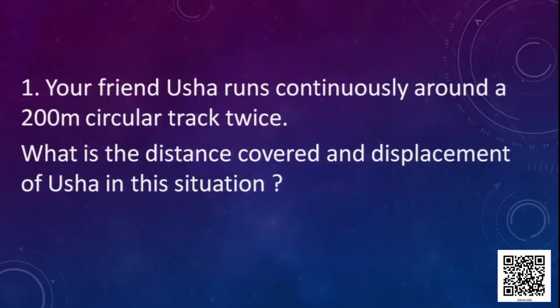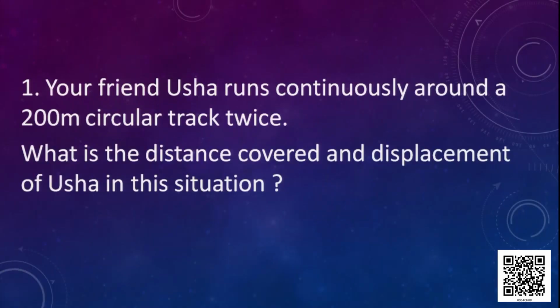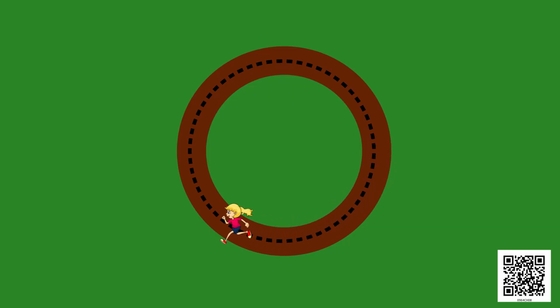See the first question. Your friend Usha runs continuously around a 200-meter circular track twice. The track is circular, a 200-meter circular track. Then the question is, what is the distance covered and displacement of Usha in this situation?